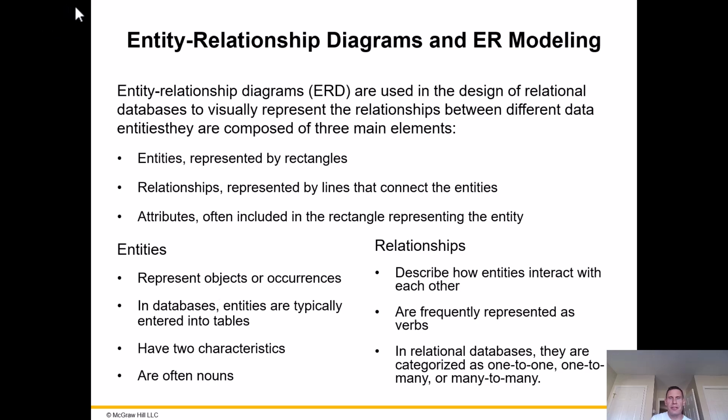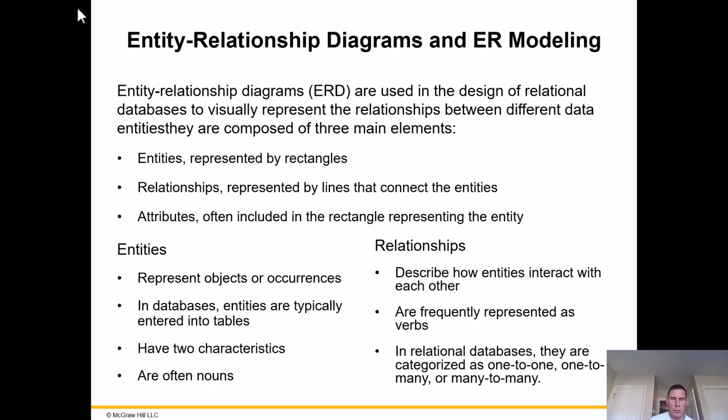With respect to entity relationship diagrams and ER modeling, entity relationship diagrams are used in the design of relational databases to visually represent the relationships between different data entities, and they are composed of three main elements. First, of course, are the entities. They're typically represented by rectangles. Relationships are represented by lines that connect the entities, and attributes are often included in a rectangle representing the entity.